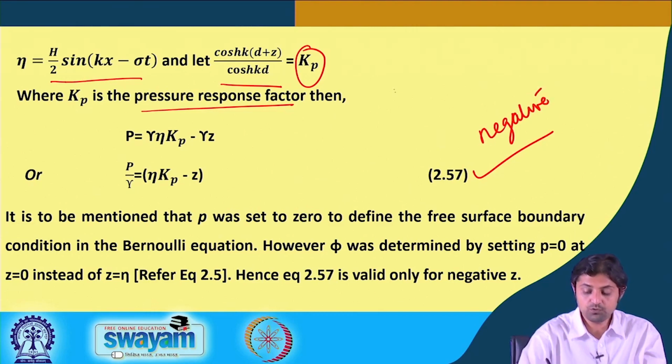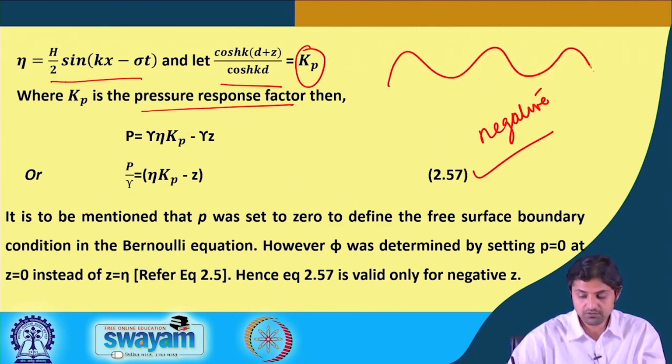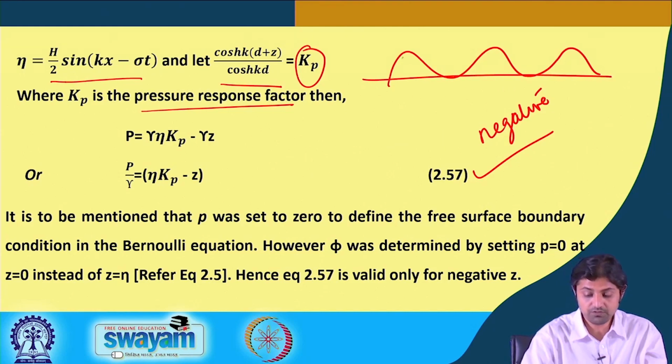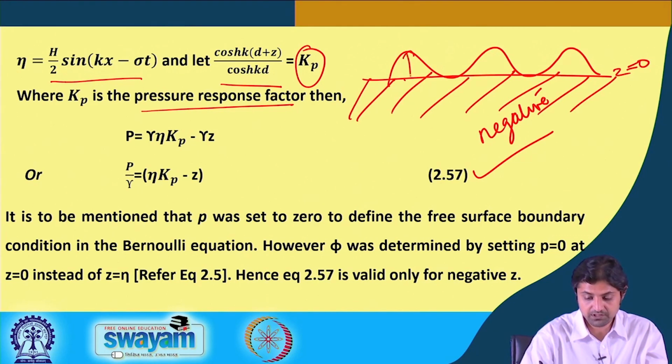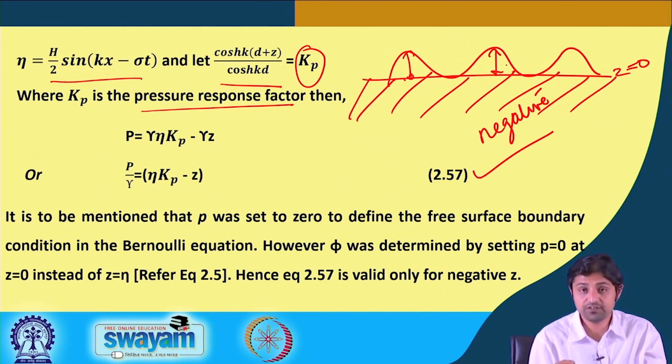Suppose this is the free surface, z equal to 0. The above equation is valid only in the region below. We cannot apply this in the domain above, because we had derived phi with certain assumptions.